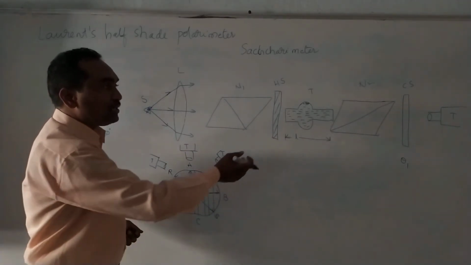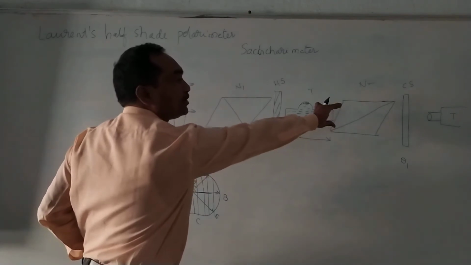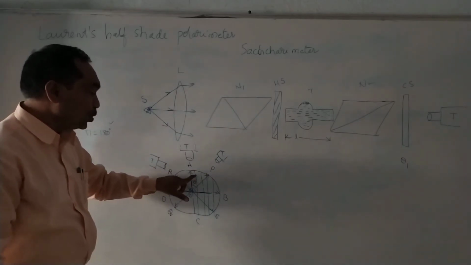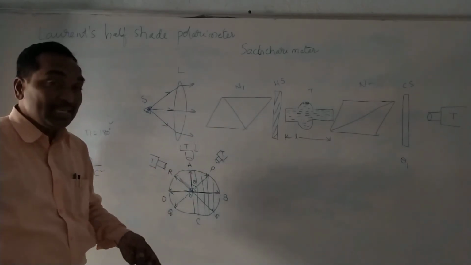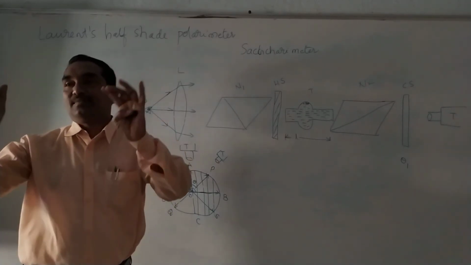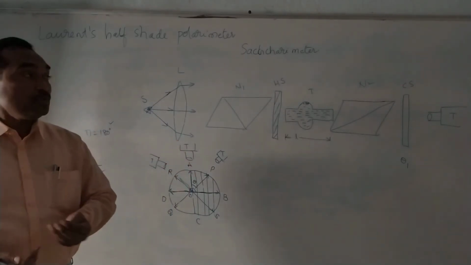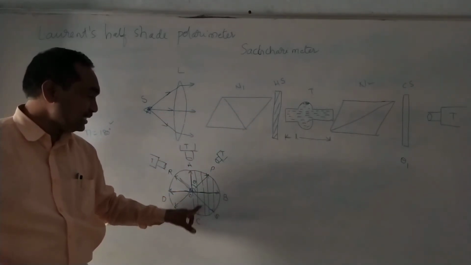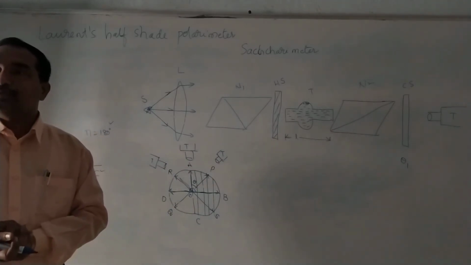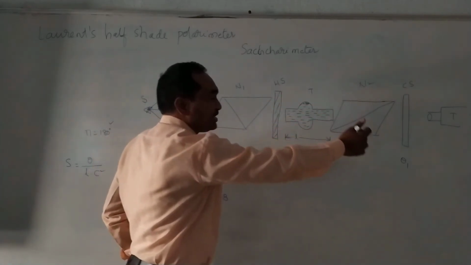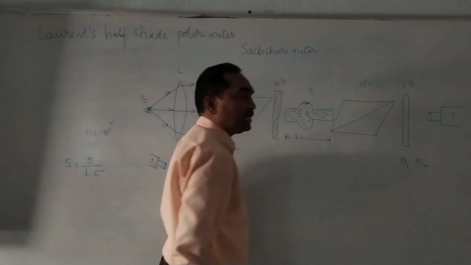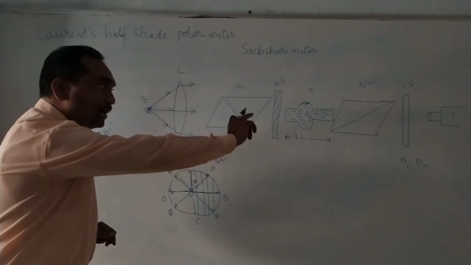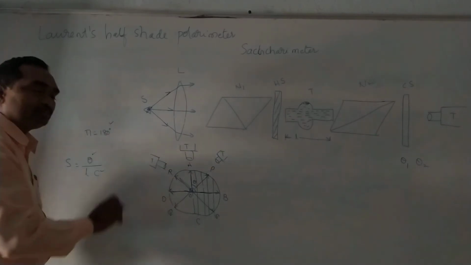Now again, we twist this nicol prism N2 until both the half wave plates, ABC and ADC, are bright. If both are bright, then you have to take the circular scale reading once again, theta 2. Then the difference between theta 2 and theta 1 will give the angle of rotation theta.